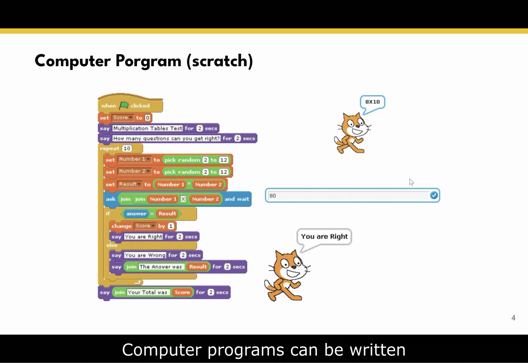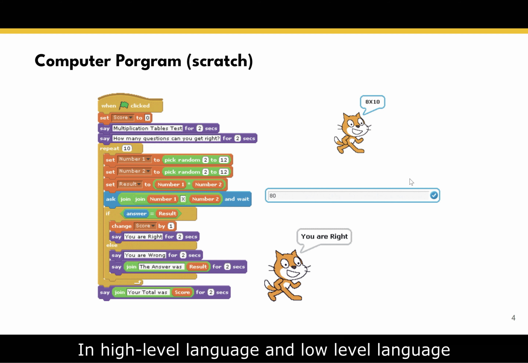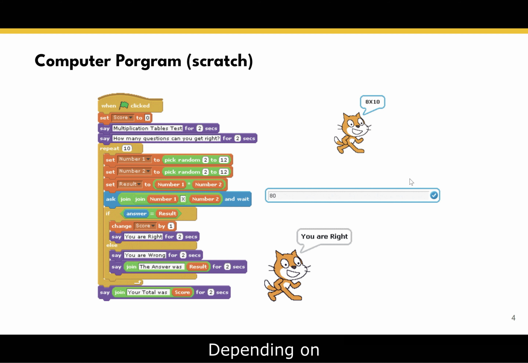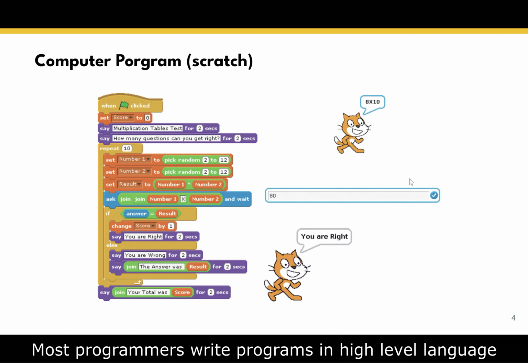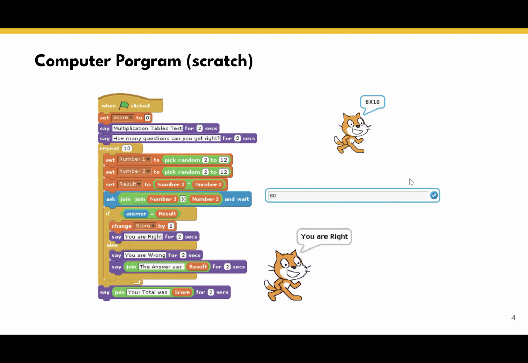Computer programs can be written in high-level language and low-level language, depending on the task to be performed and the computer to be used. Most programmers write programs in high-level language.